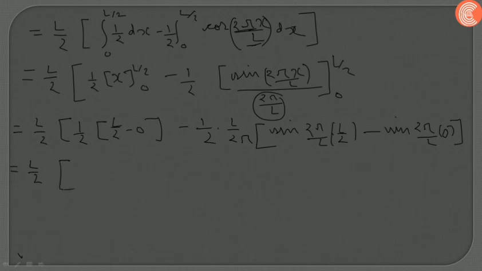So this is 0, this is L by 2. If you multiply by half, then it will become L by 4.